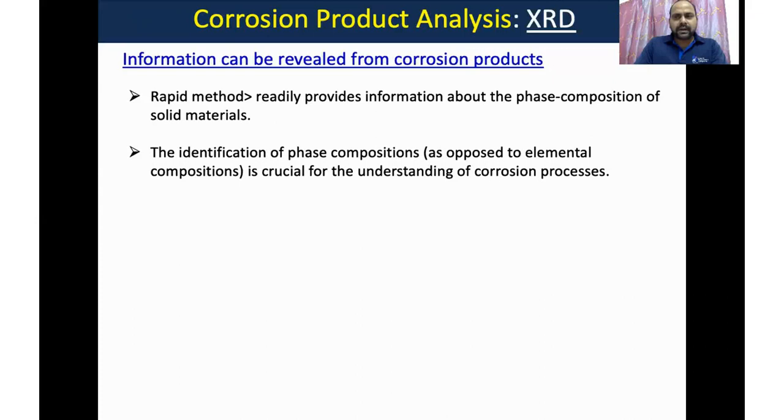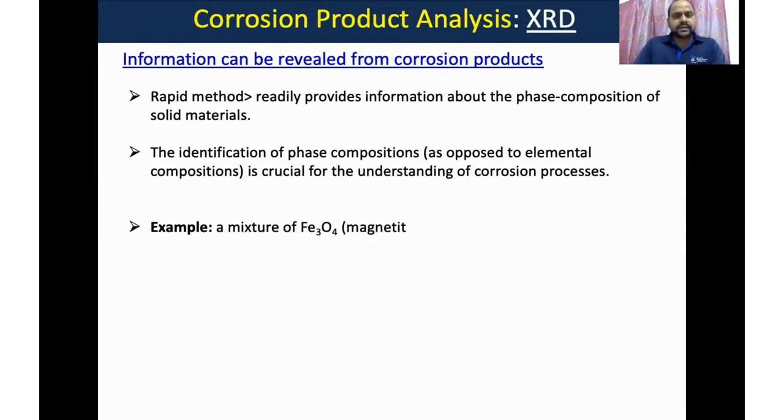The material may be only iron, but it may exist in different phases, and each phase has a different corrosion resistance. If we can identify the phase composition, then it will be easy to understand the corrosion process, and we can do that just by doing the XRD analysis.